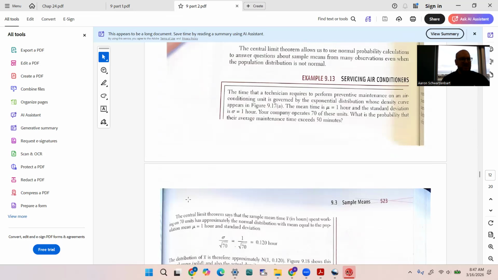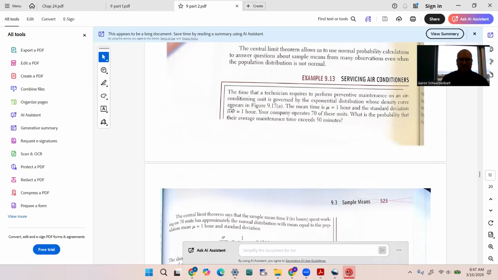Okay. Servicing air conditioners. If you take a service call, a lot of them are short, right? Usually if something's not working, it's a simple fix. But it could be a very long fix. There's no actual maximum time this could take.